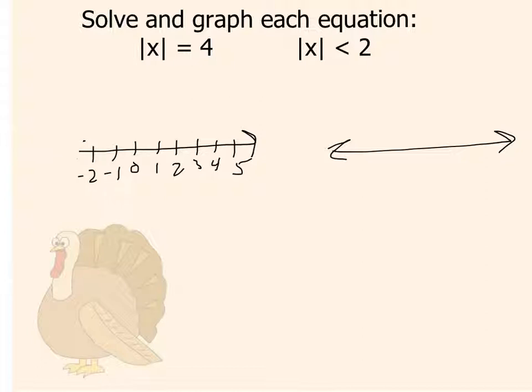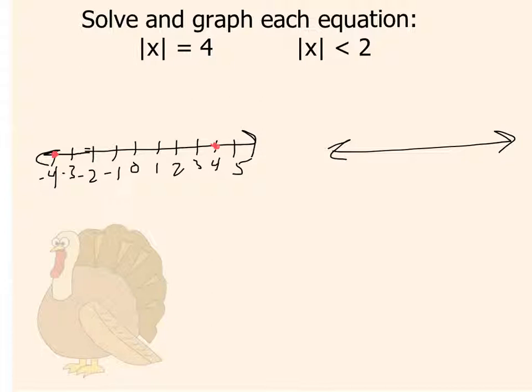Looks like I'll need a little more space over here. Okay, so I would mark 2 points here, one of which is 4, because the number 4 has an absolute value of 4. So does -4.